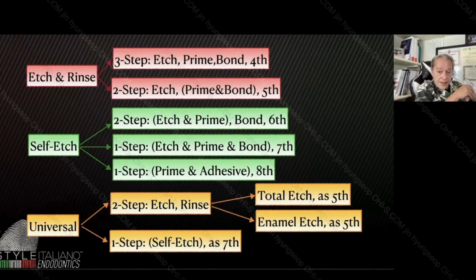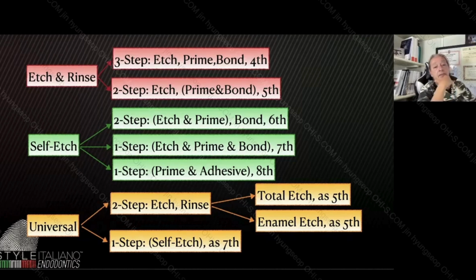Another variable is the use of total etch or only enamel etch. And so we have this classification that is much better than the one that deals with generations.